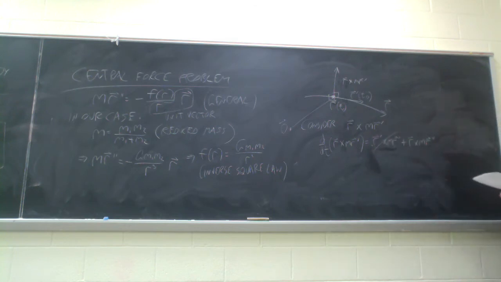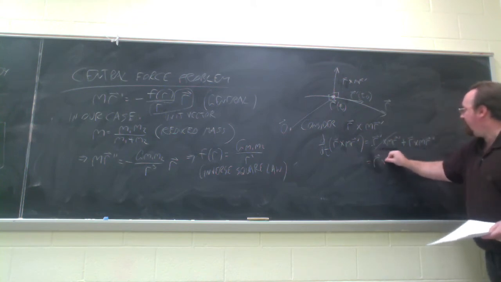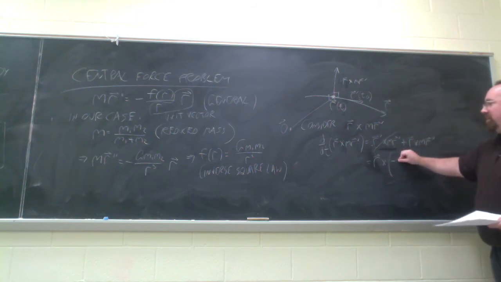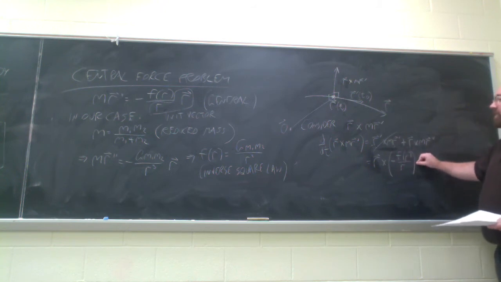On the other hand, m r double prime, I've written over there. That's the left side of that differential equation. So for m r double prime, I can substitute the right side: minus f of r over r, which is just a constant, times r, the vector.